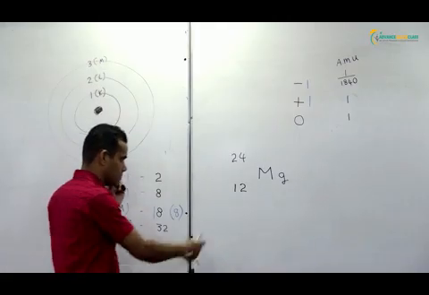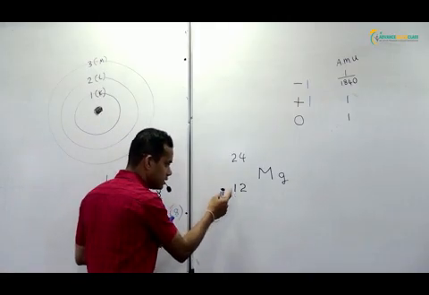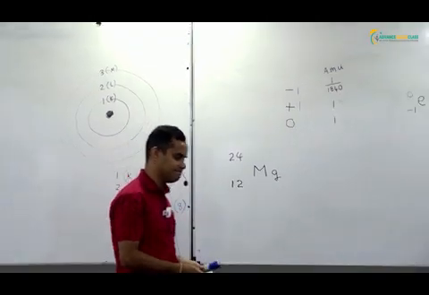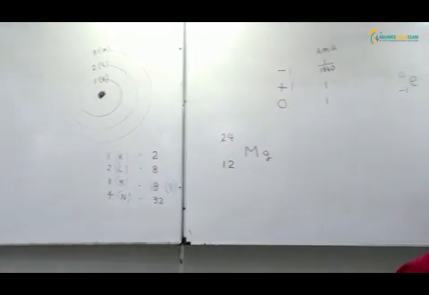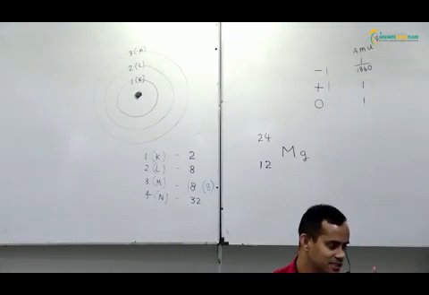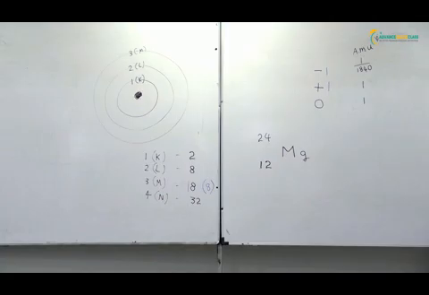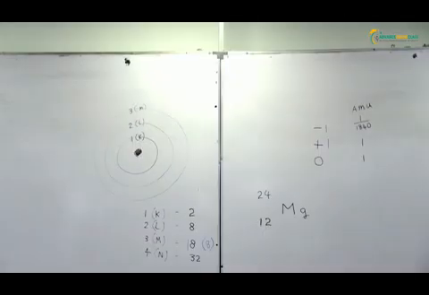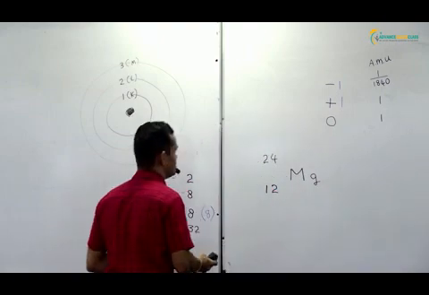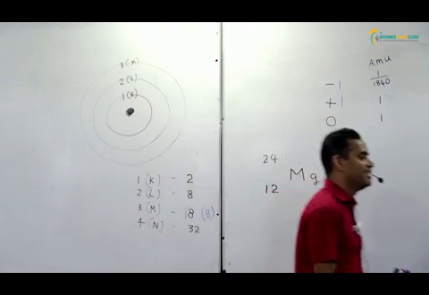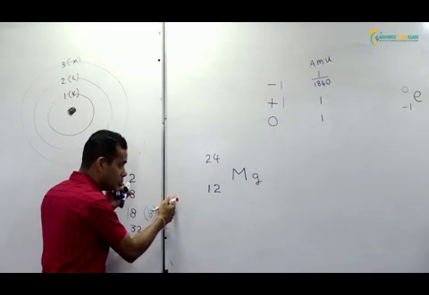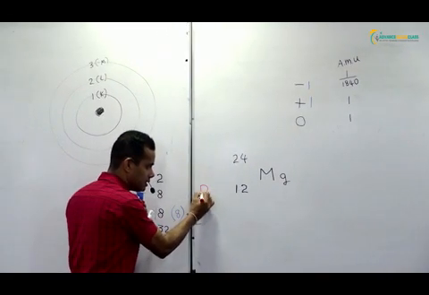Listen carefully. This number, the left hand side number, is giving you how many protons are there in the atom.